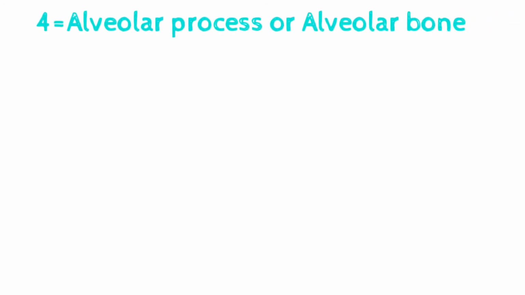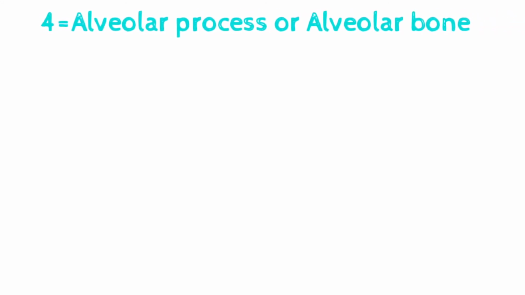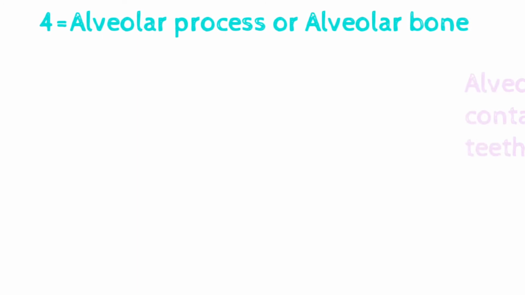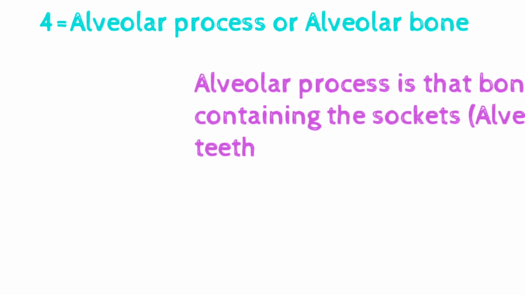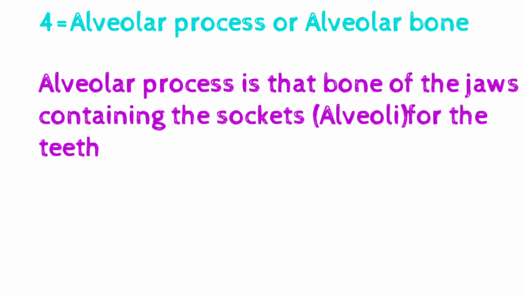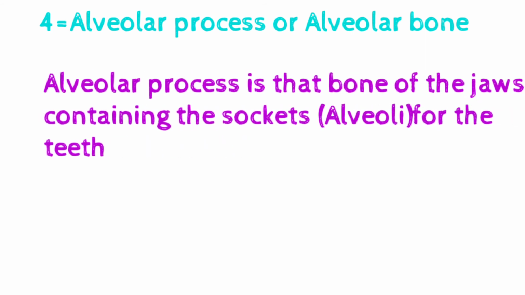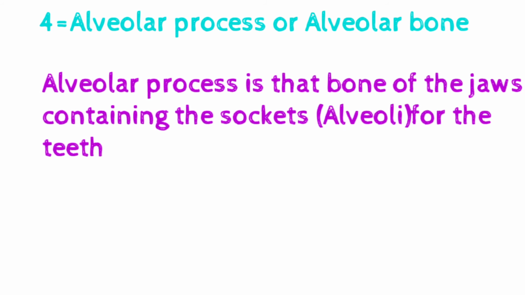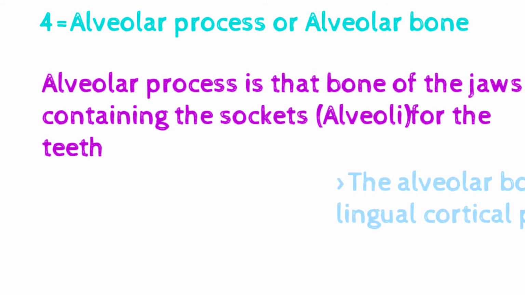Now come to the last, alveolar process or alveolar bone. How do we define alveolar process or alveolar bone? Alveolar process is that bone of the jaw containing the sockets, mean alveoli for the teeth, in which the teeth are present.